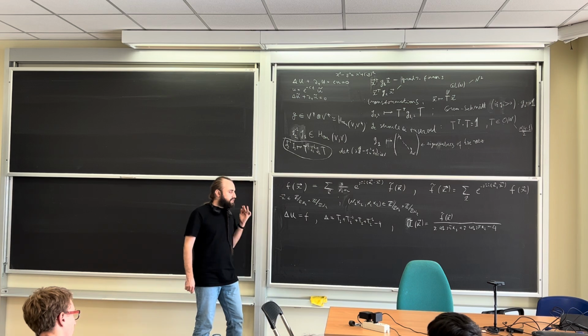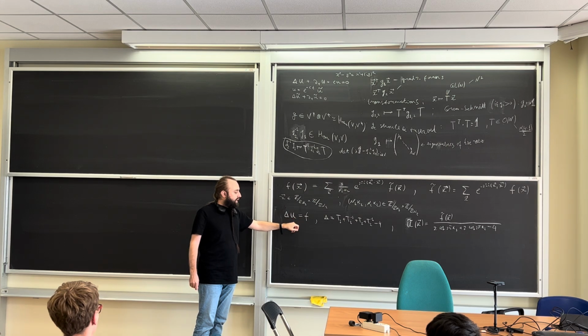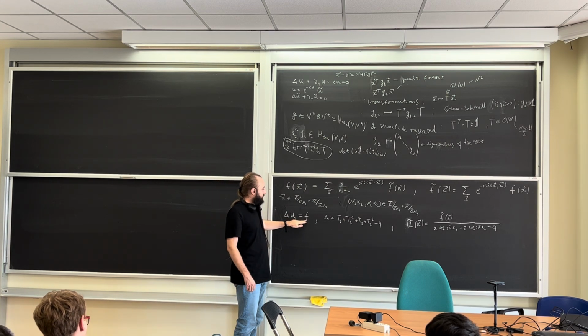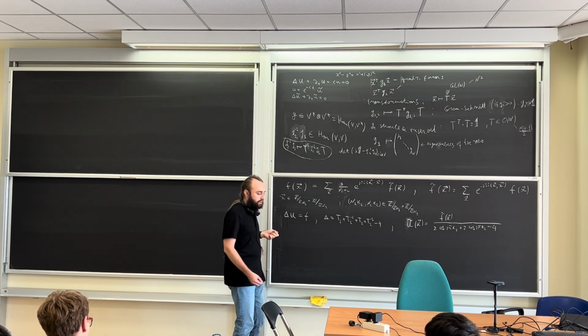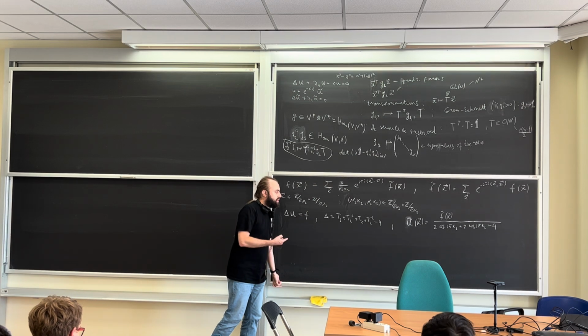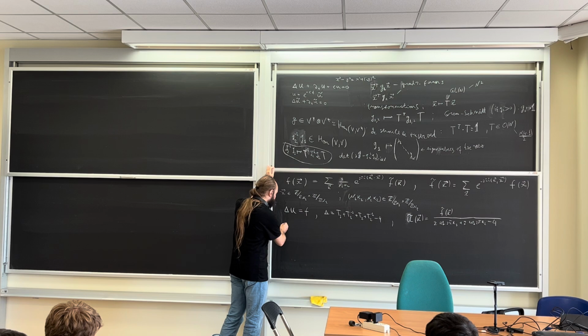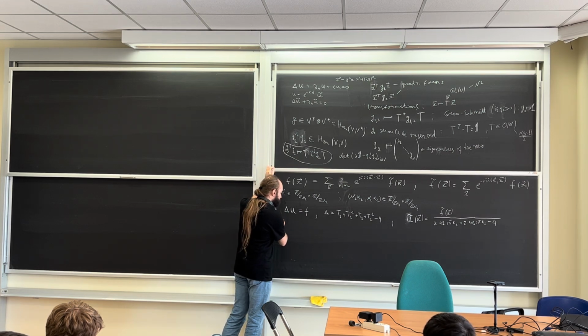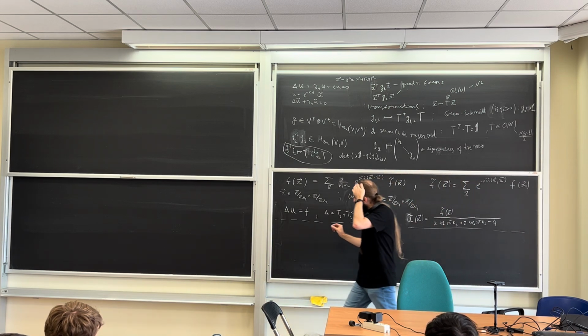And another idea was that we can try to naively invert this operator and find the solution. And to invert it on the space of functions with sum of all values zero, we need to solve an equation. So this was about the Fourier transform, and this is about the Green function.